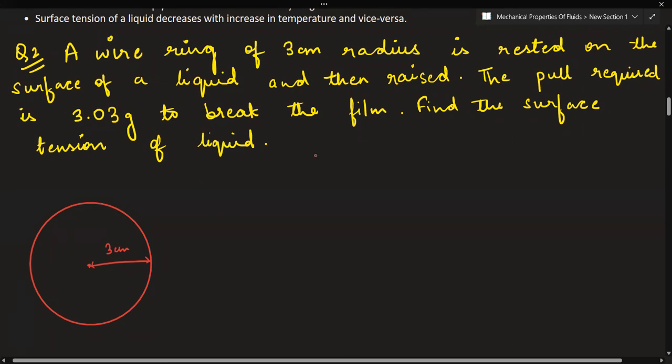So again, the force will be equal to the gravitational force, mg, because it says that it is resting on the surface of a liquid and then raised, and the pull required is this much mass to break the film. So it means that in the downwards direction, weight will be acting.